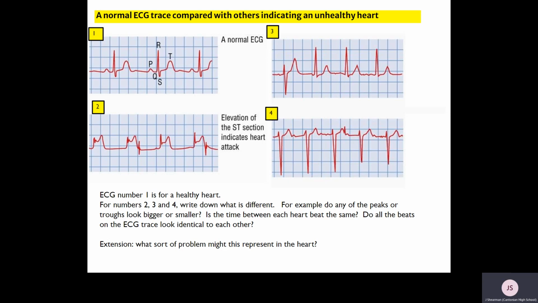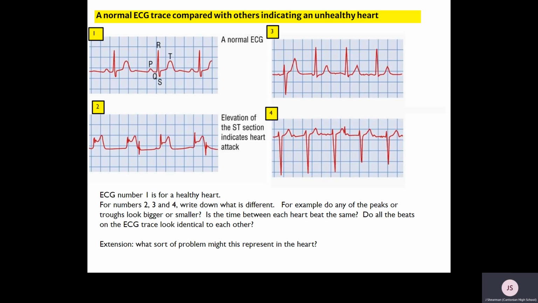And in fact, the whole ST section is much higher up than it should be. That's known medically as an elevated ST or ST elevation, and it shows a heart attack is happening. It shows that the ventricle isn't depolarizing and repolarizing properly, which of course will affect its ability to contract and pump blood. So ST elevation indicates a heart attack.